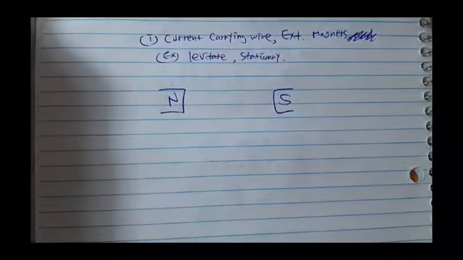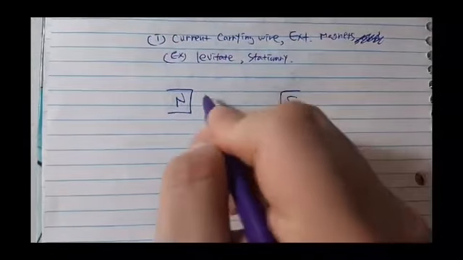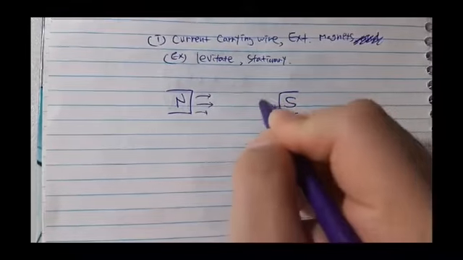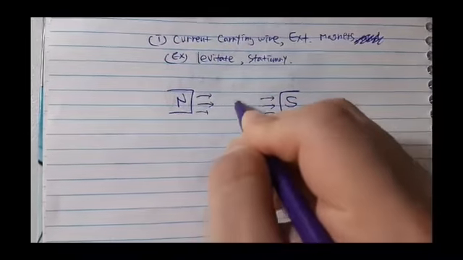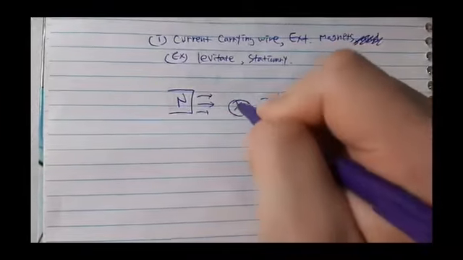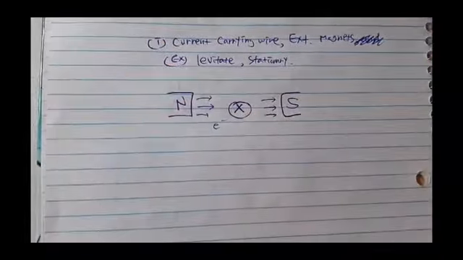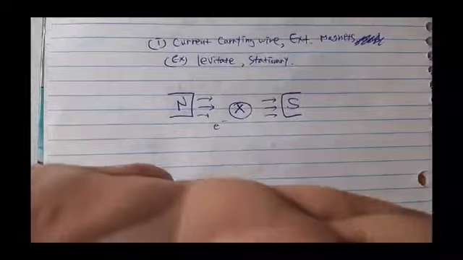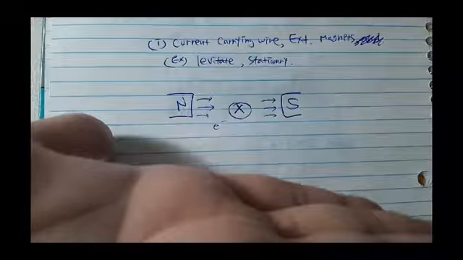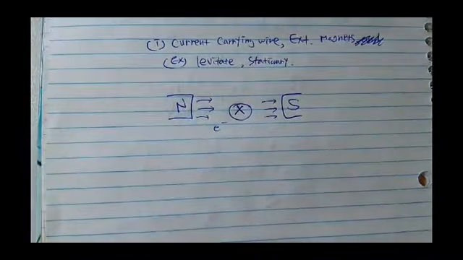Now, one thing that you need to understand is magnetic field always goes from north to south. Now, imagine my current carrying wire, and imagine it's going into the page for electron. Then my thumb needs to go directly into the page, and my forefinger represents north to south, and my palm direction is the one that represents the force.